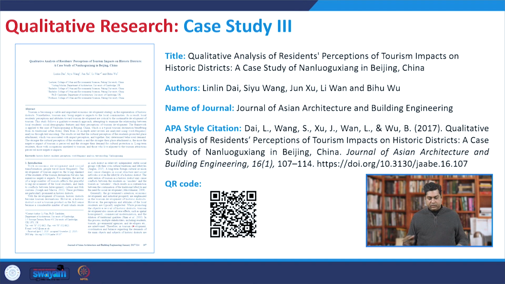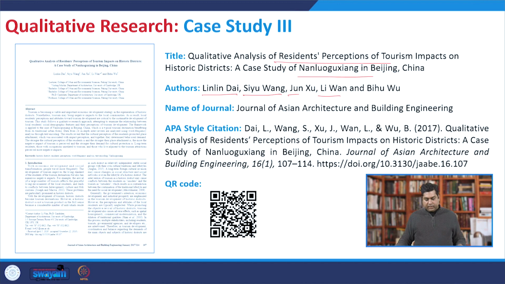This is the paper titled Qualitative Analysis of Residents' Perception of Tourism Impacts on Historic Districts, a case study of Nanluoguxiang in Beijing, China. The authors are Linin Dai, Xi Wang, Zhongzhou, Li Wan and Bihu Wu.